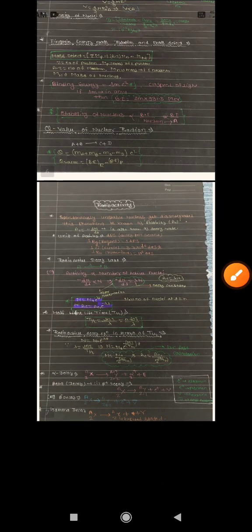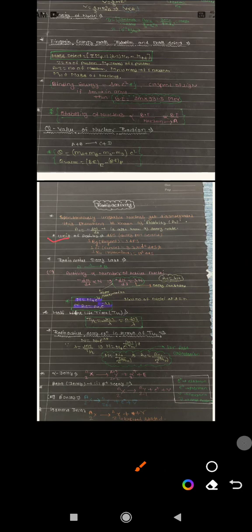Next is radioactivity. Okay, so what is radioactivity? Spontaneously unstable nucleus gets disintegrated, so this phenomenon is known as radioactivity. And activity equal to minus dN by dt is also known as decay rate.